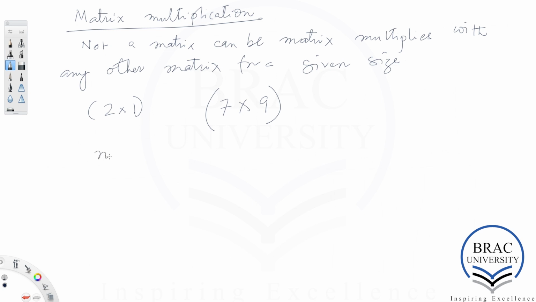So we can always multiply an n times L matrix with an L times S matrix, and the size of the resulting matrix will be n times S. Okay, in terms of sizes, this equality holds for the corresponding matrices.